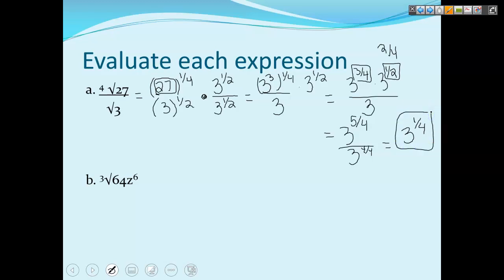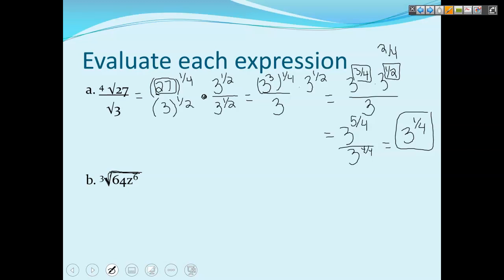Again, that's one way to do the problem. Somebody may have thought differently, and that's fine. That's what makes these problems a little unique. We have the cube root of 64z to the 6th.